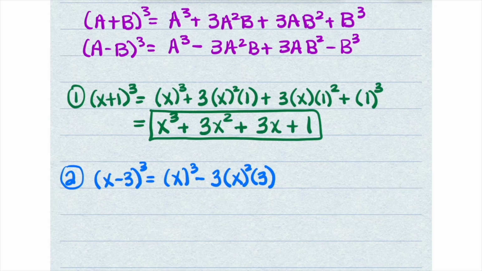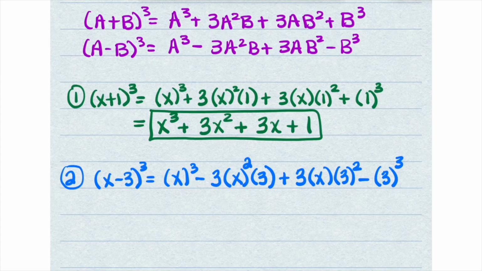Now, if you were doing distributive property, absolutely pull the sign. But if you're following the property itself, then do it, okay? Plus 3 times the first term times the second term squared minus the second term cubed.